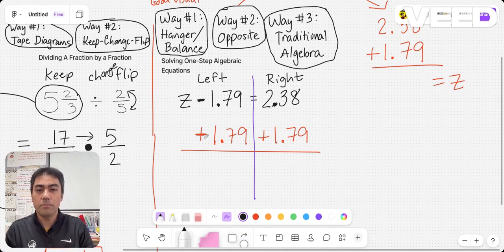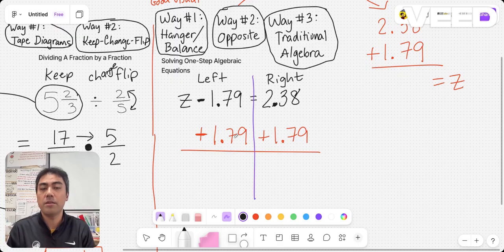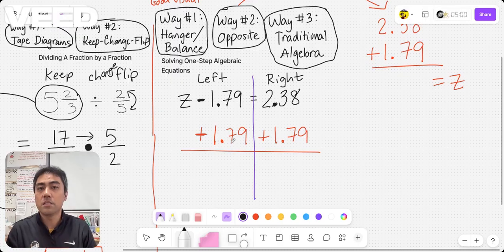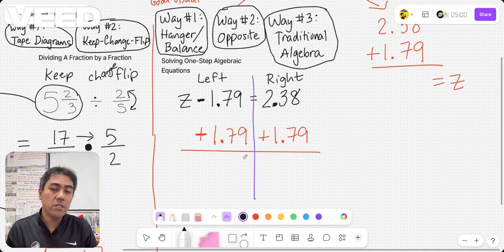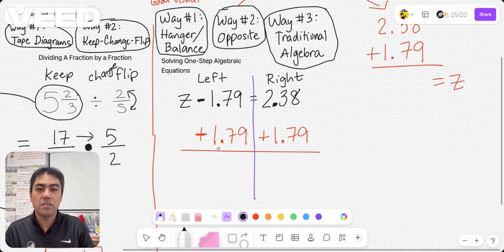Now, sixth graders might not understand what happens when you have a minus 1.79 and plus 1.79. So, one of the easiest ways to think about this for now is reading it from here to here. What is 1.79 minus 1.79? 1.79 minus 1.79 is just zero.